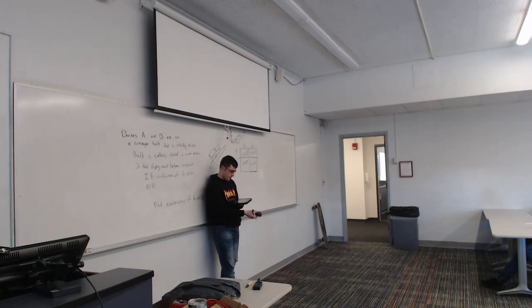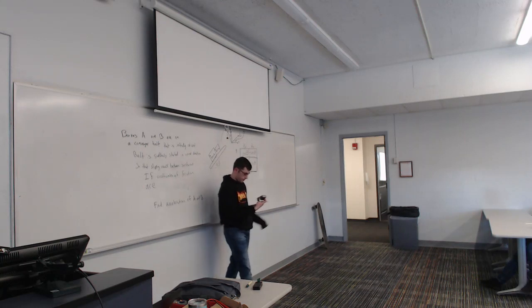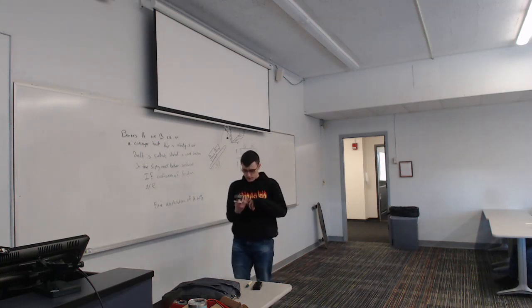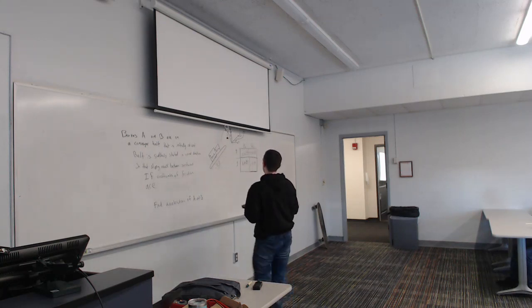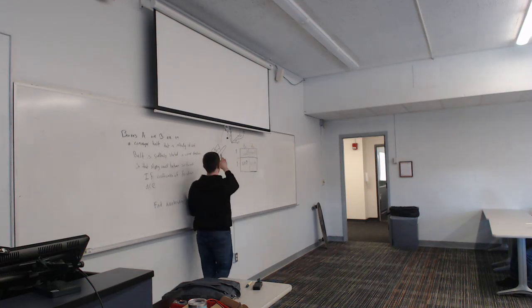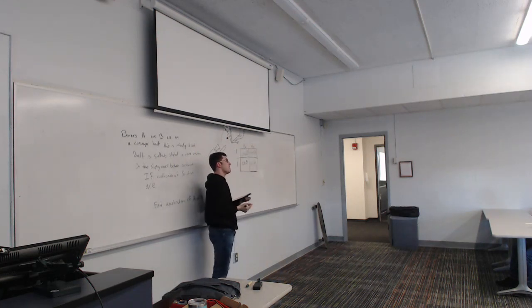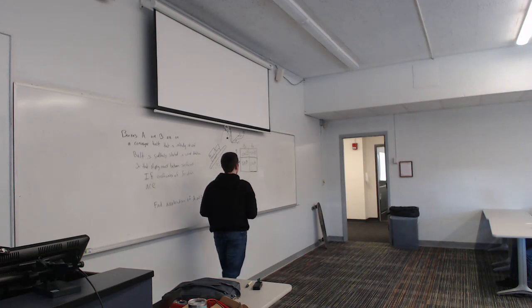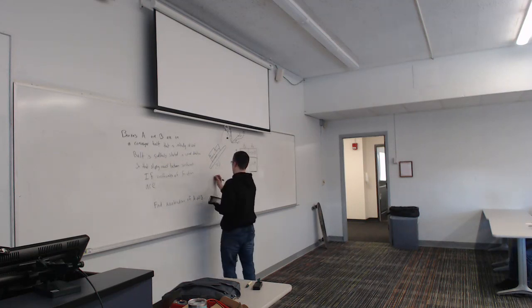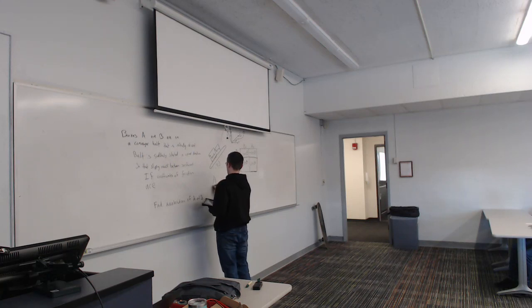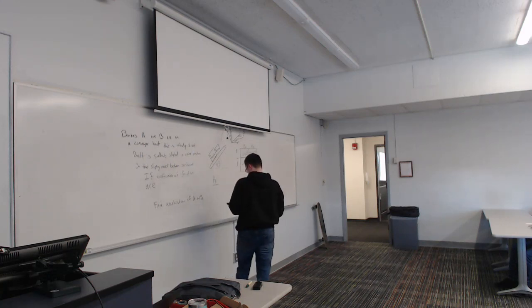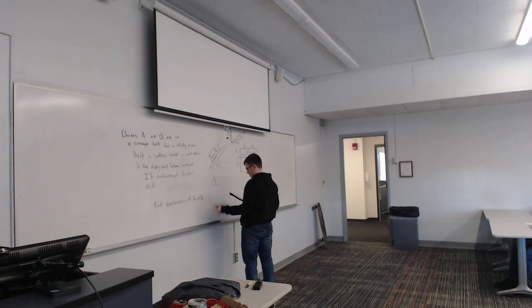Definitely free body diagram should. Because these are two unique things, box A and box B, I'm going to start with a free body diagram of just box A. So drawing this again.